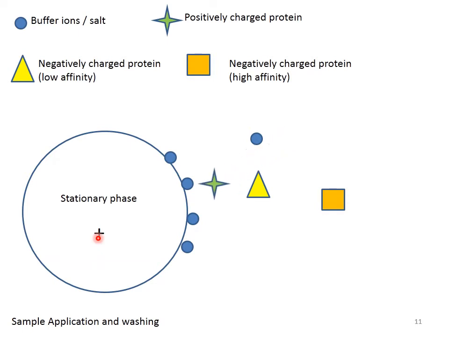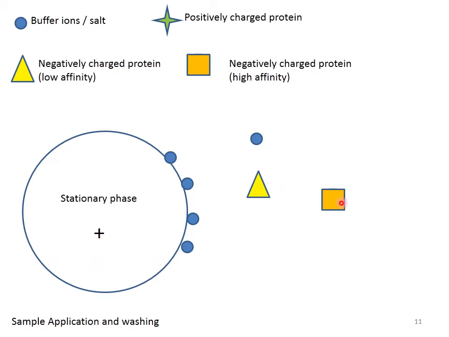So this protein is not able to bind to the stationary phase, so it will be removed along with the flow of the buffer. In this case, the buffer is the mobile phase. So that protein which bears the same charge as that of the stationary phase will be repelled away and will not be able to bind to the stationary phase.